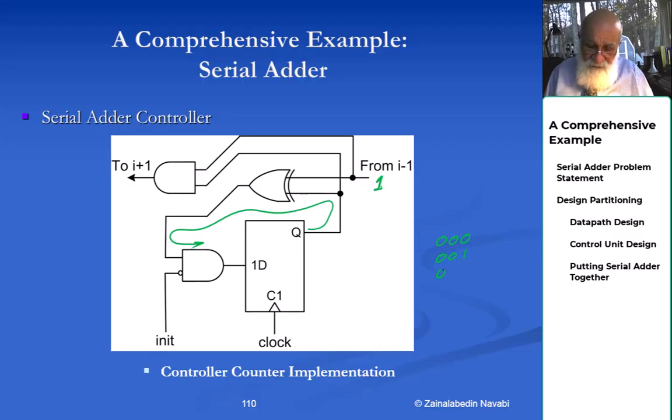The next count is 0, 1, 0. The next count is 0, 1, 1. The next count is 1, 0, 0. So you are seeing that the rightmost bit is always toggling, and therefore you are seeing this exclusive OR coming back into this.